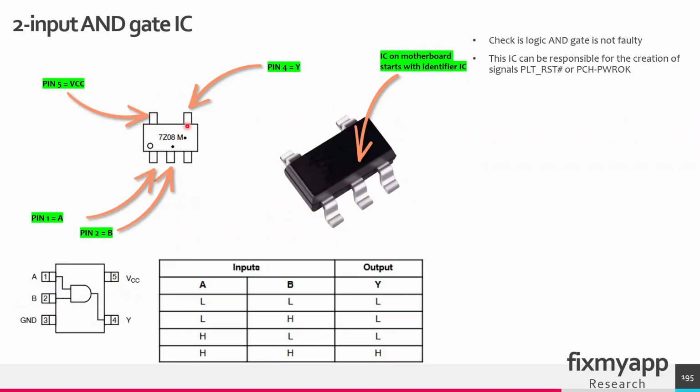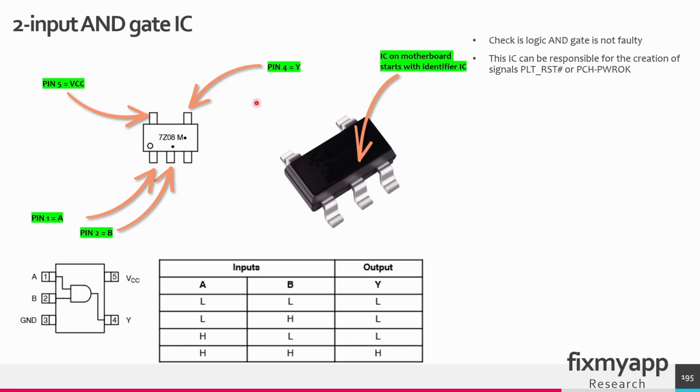This 2-input AND gate IC is a digital logic chip that outputs high only when both inputs are high. Otherwise, the output will be low. This chip is used in circuits for decision making, signal control and logic operations. If the output represents a signal line like platform reset, CPU reset, or a PCH OK signal, and this signal depends on other signals to be present like enable signal and power good signals, this chip is used.